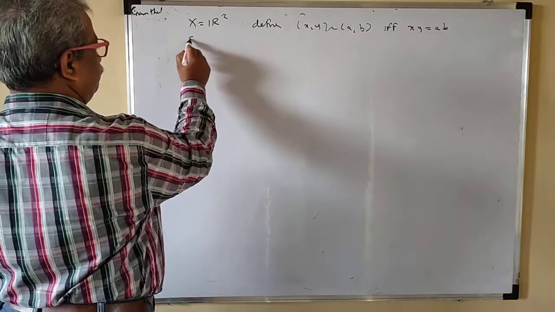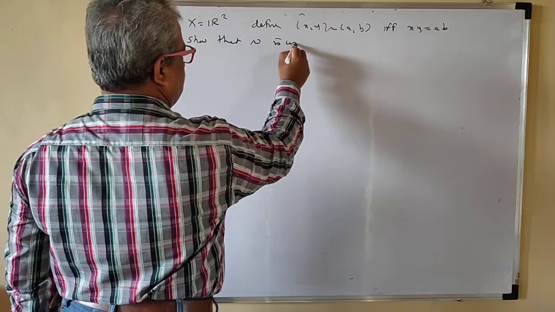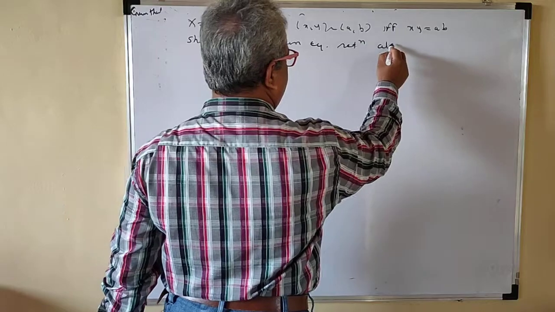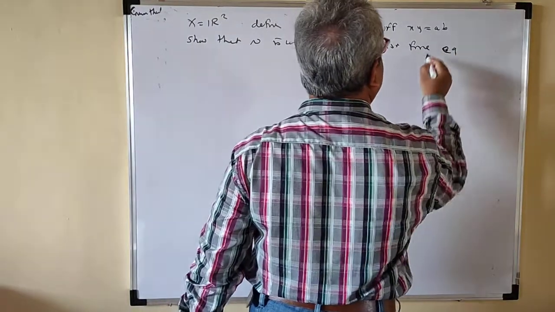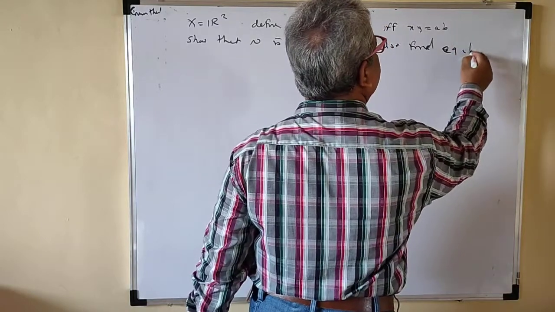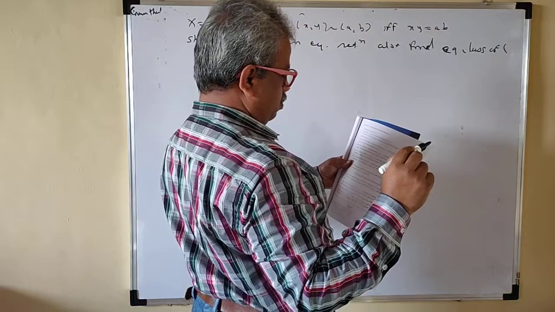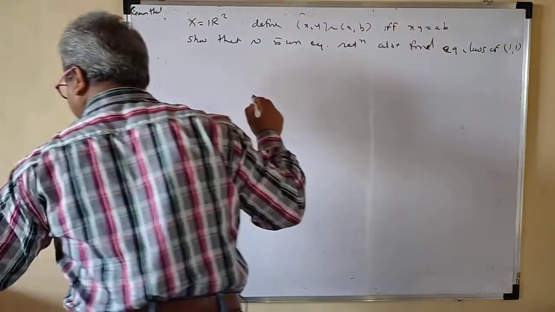Show that the relation is an equivalence relation. Also find the equivalence class of (1,1).